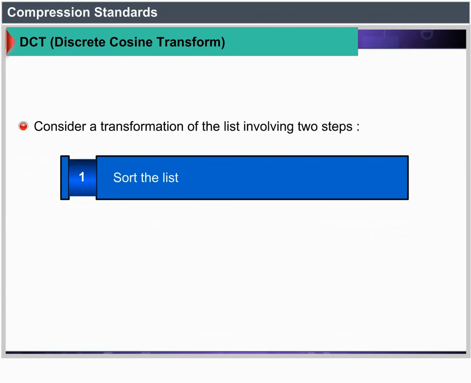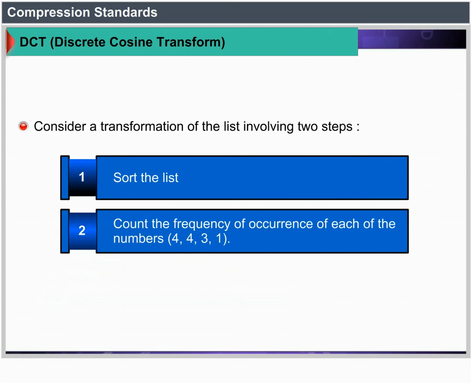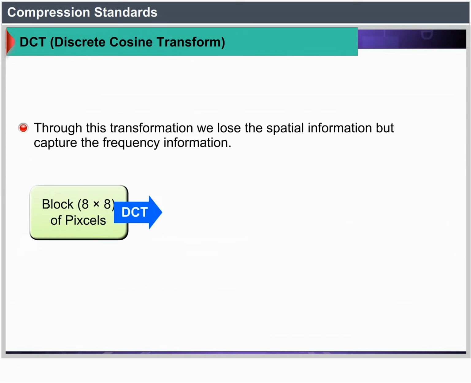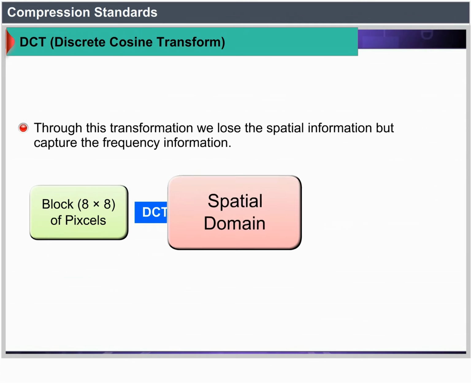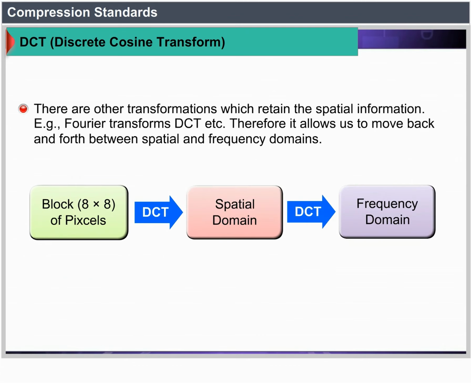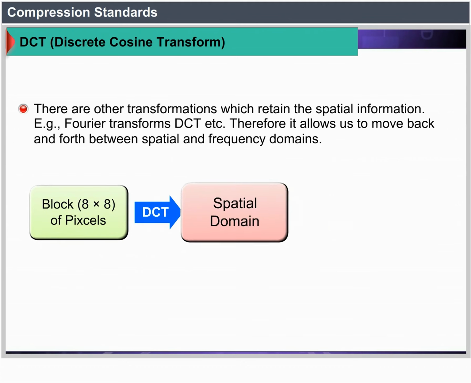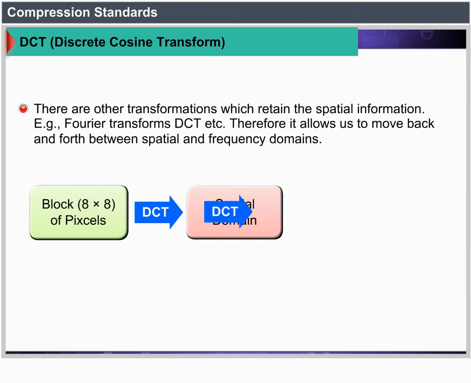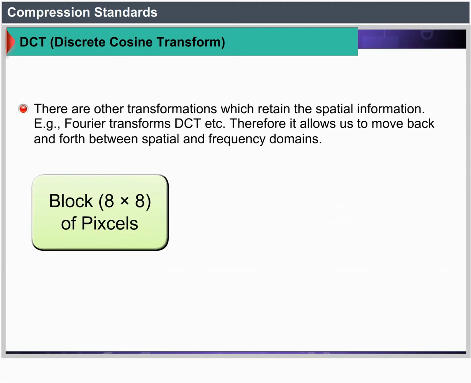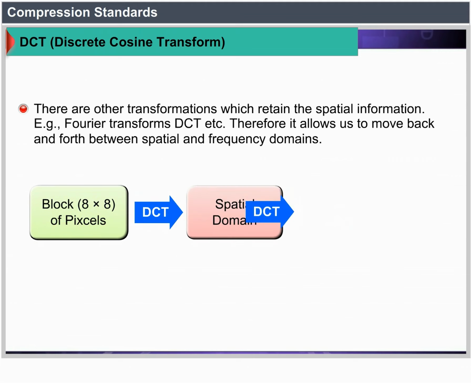Sort the list, and count the frequency of occurrence of each of the numbers. Through this transformation, we lost the spatial information but captured the frequency information. There are other transformations which retain the spatial information, for example, Fourier transform, DCT, etc., therefore allowing us to move back and forth between spatial and frequency domains.